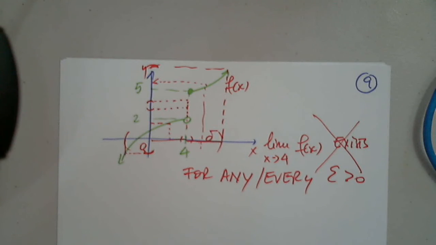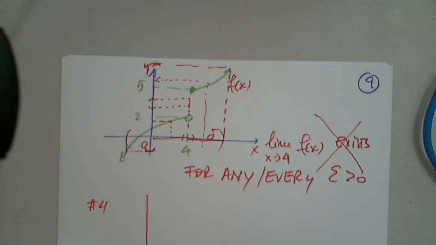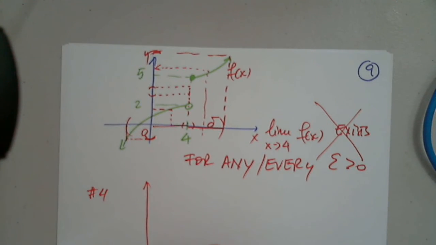Number 4. So for number 4, we have used the given interval of f of x equals x squared to find a number delta such that. So I'm going to copy the graph real quick. So this is x squared. Good.